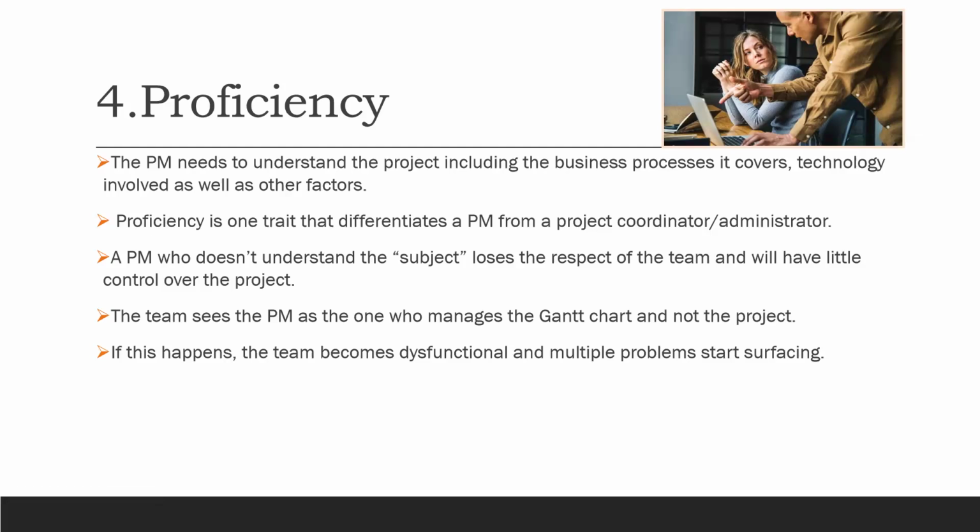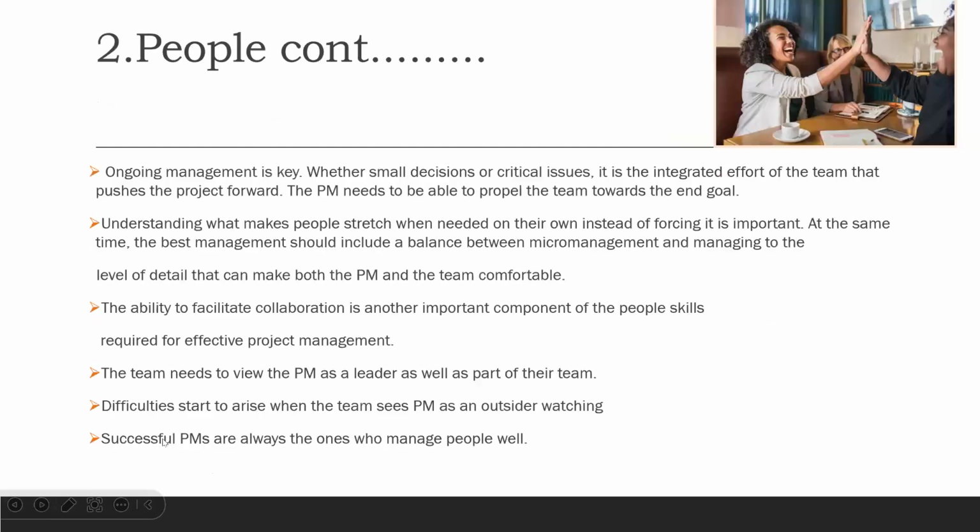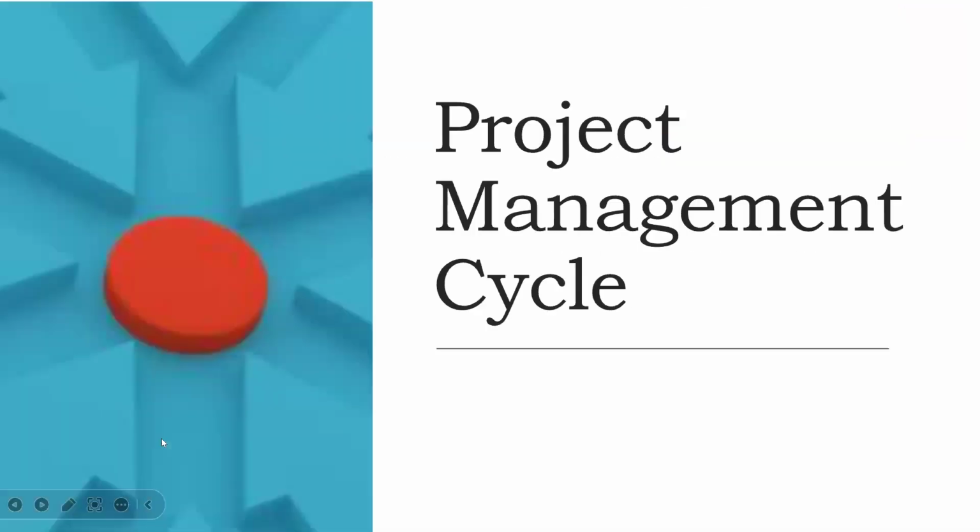So we've spoken of people, we've spoken of process, we've spoken of proficiency, and we have also spoken of passion. Now, this is where I want to say passion alone is not enough. We are not saying that the person must only be passionate about it. But it's important for us to understand that the person needs to have an understanding of process, of people.